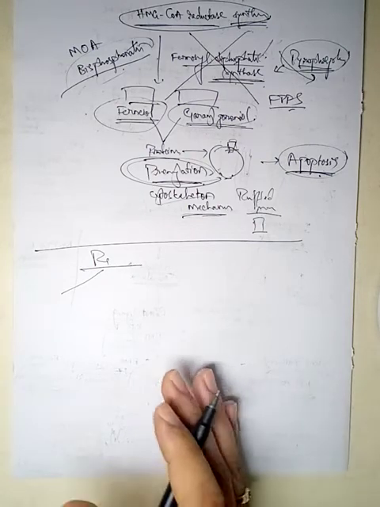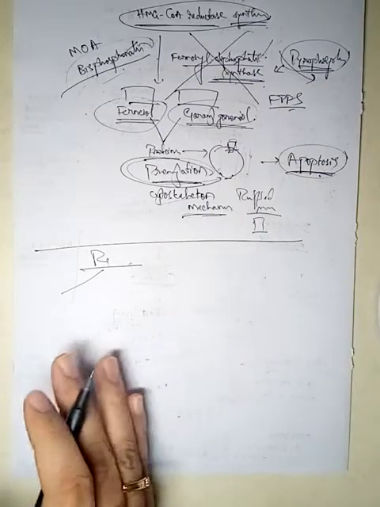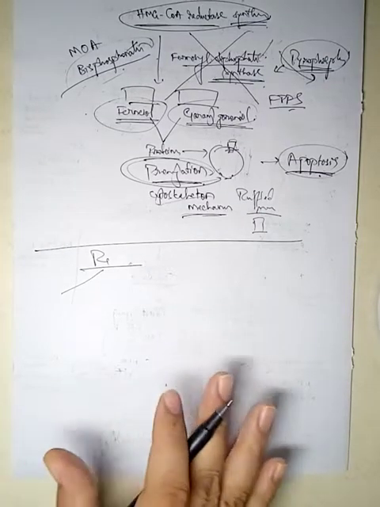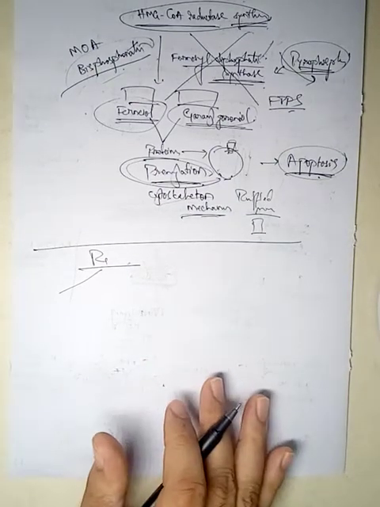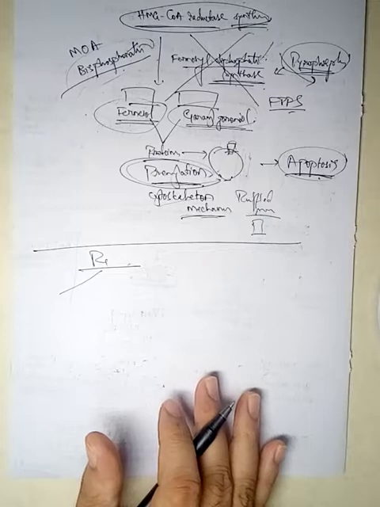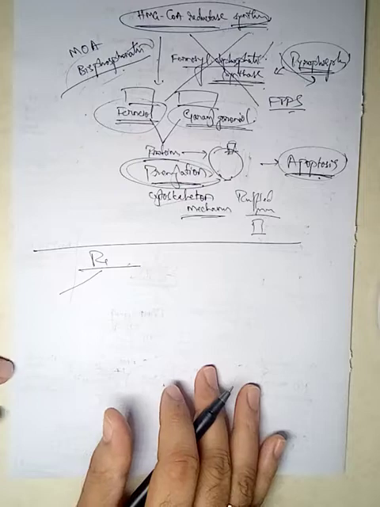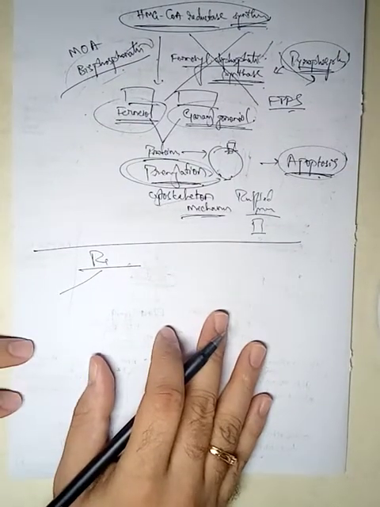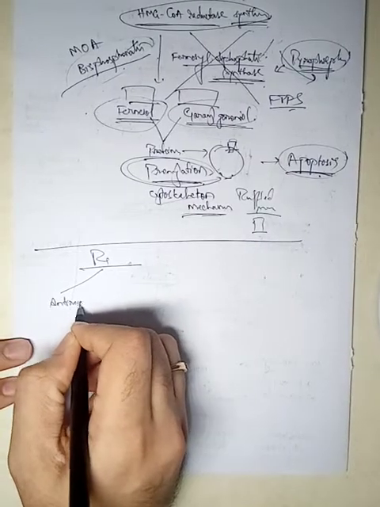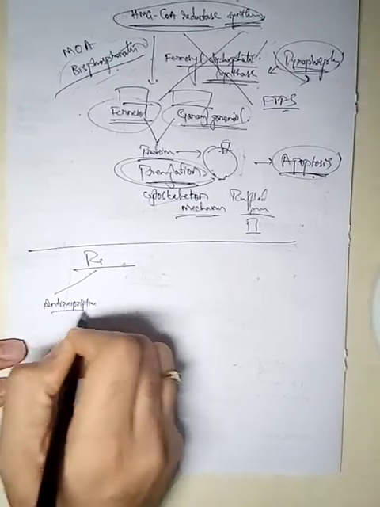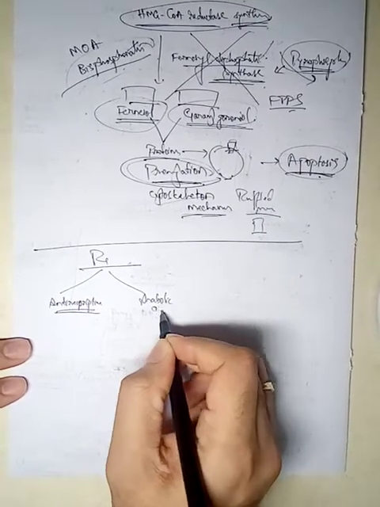Patient should be encouraged to do exercises which will give some stimulus to the osteoblasts, and that will increase the bone mass. Okay, so the per se pharmacological treatment is divided as anti-resorptive medications and anabolic agents.